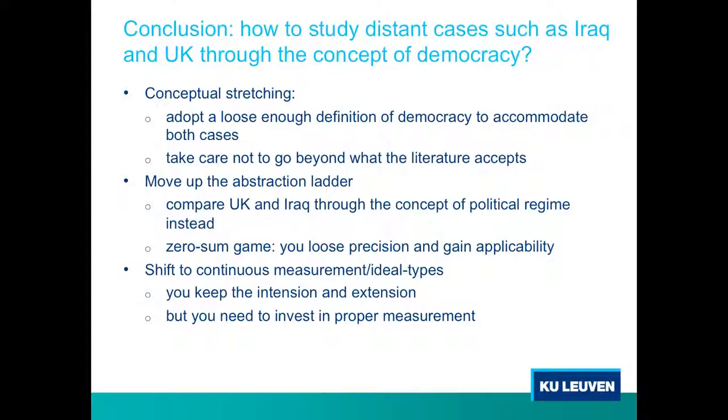But there is always a cost, and the cost is that you need to invest significantly in a proper measurement device, because you will have to argue that Iraq is, let's say, 20% democratic, while UK is 80% democratic. So you will need to invest in indicators and in measurement. And since you have only a finite time, this comes at the cost of other good parts of your research.